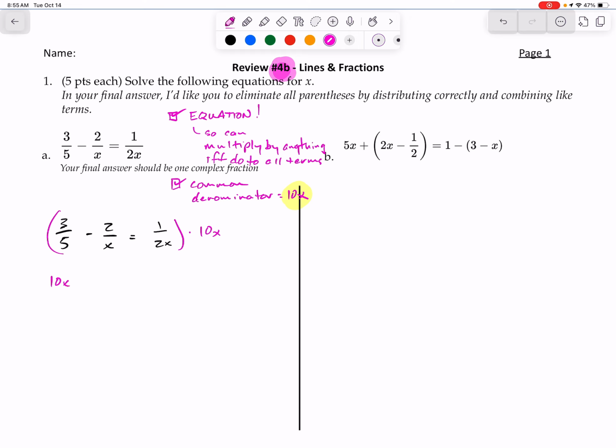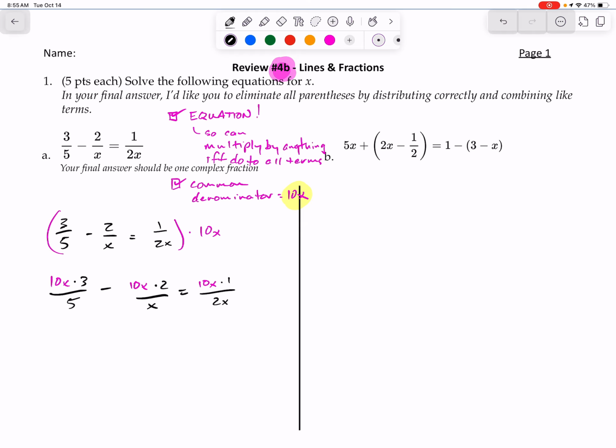So 10x times 3 over 5 minus 10x times 2 over x equals 10x times 1 over 2x, right?